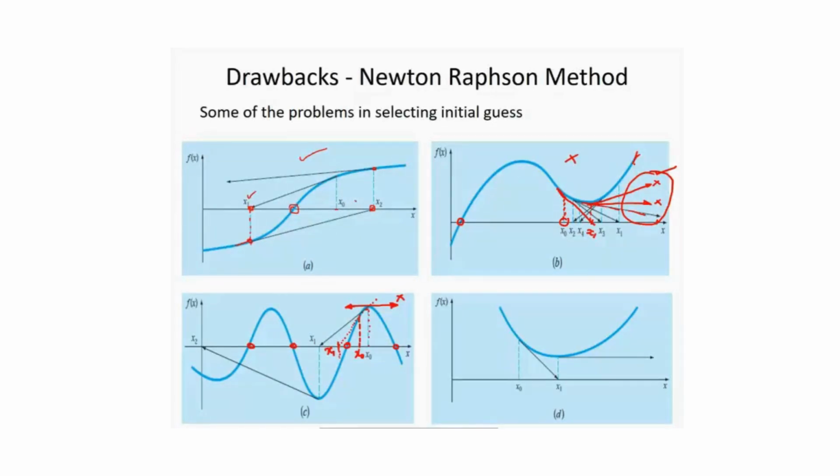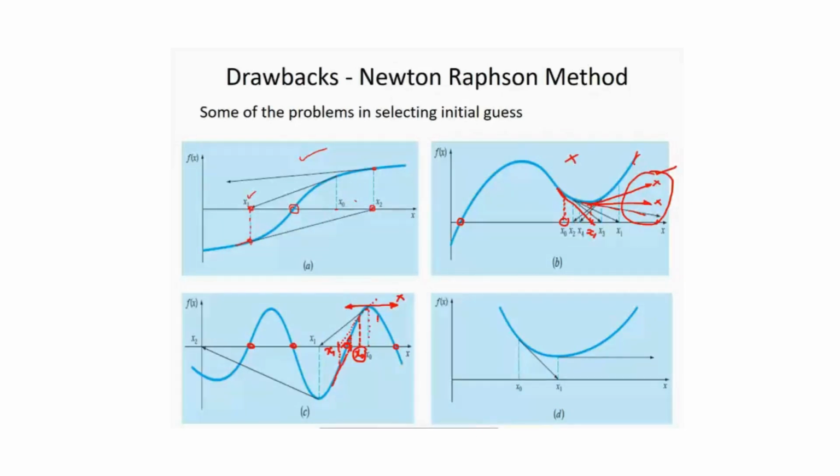From here you draw a vertical line. It will touch somewhere. Again, if you draw a tangent, it is like this. It is touching here. Now you draw a vertical line. Now if you select x0 in this region, you will get the root. Approximately it is moving towards the root.